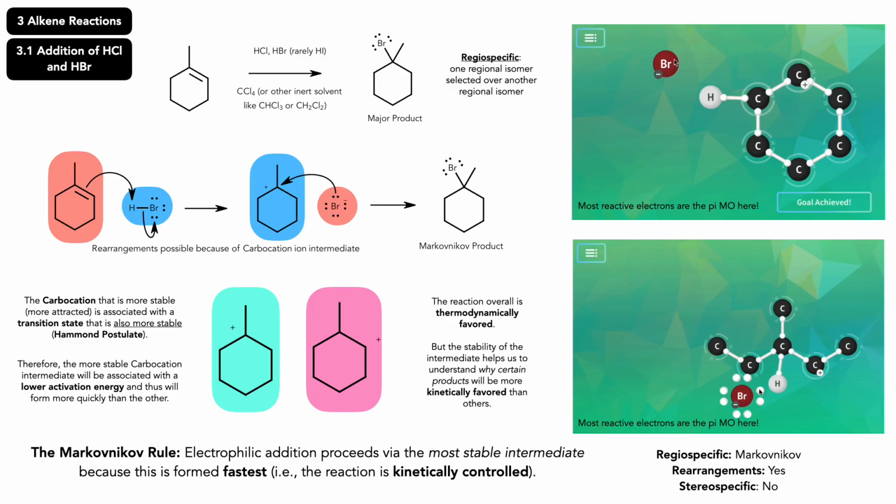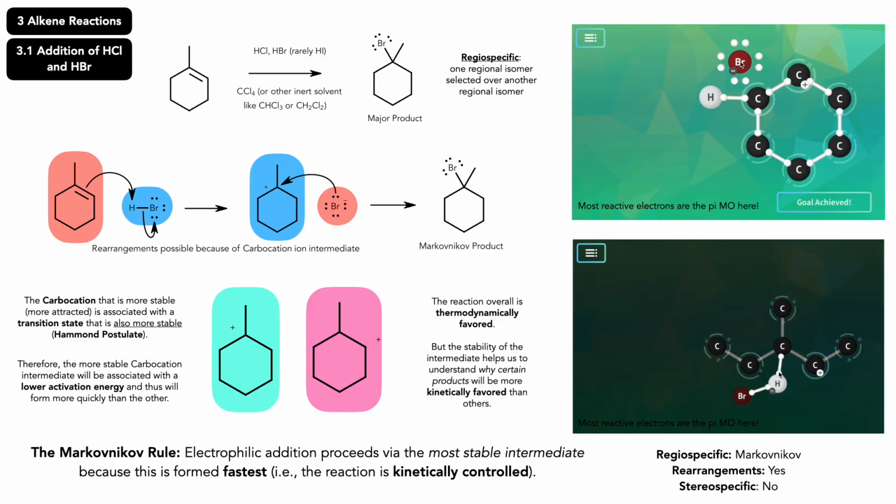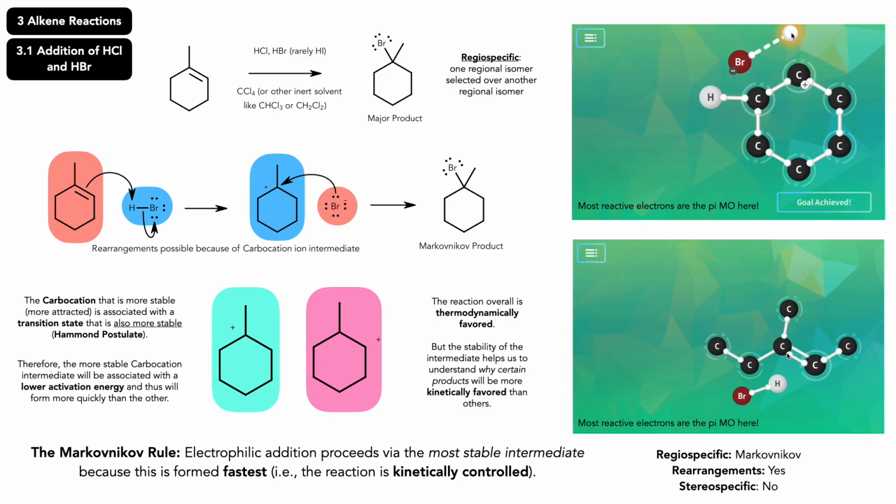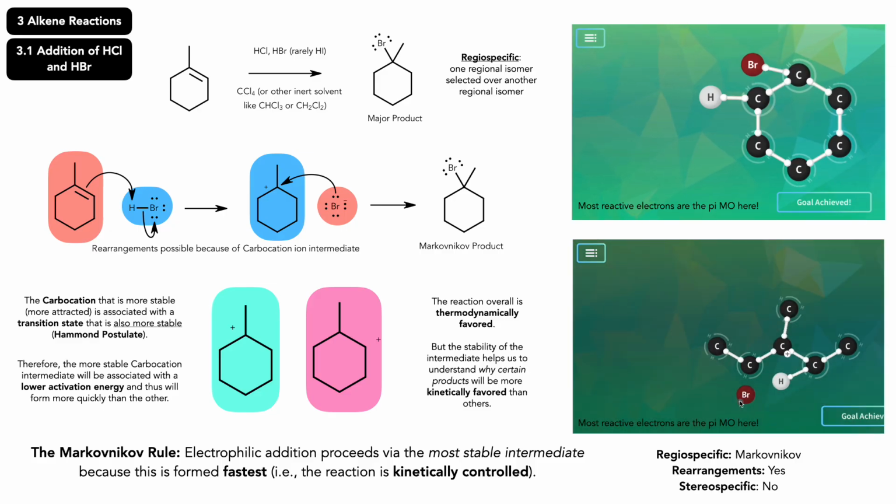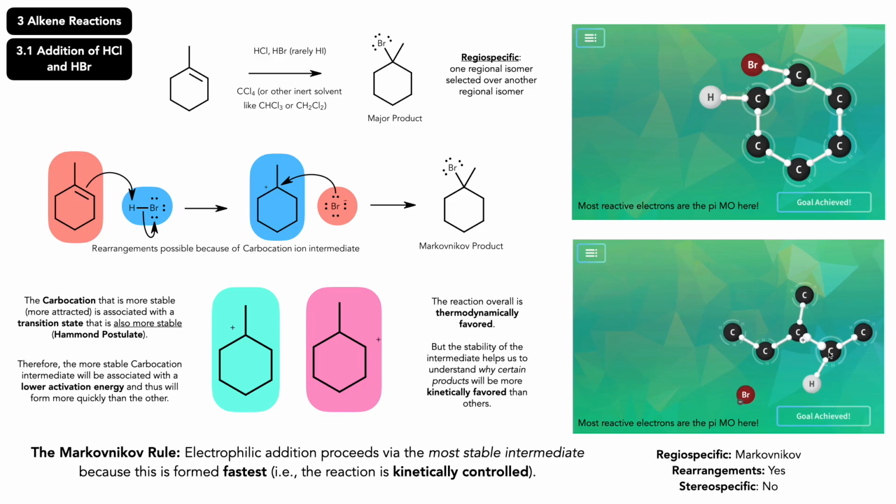Why? Because the reaction proceeds through a carbocation, and the more substituted carbocation is more stable. By the Hammond postulate, a more stable carbocation means a lower energy transition state, and so that pathway is faster.